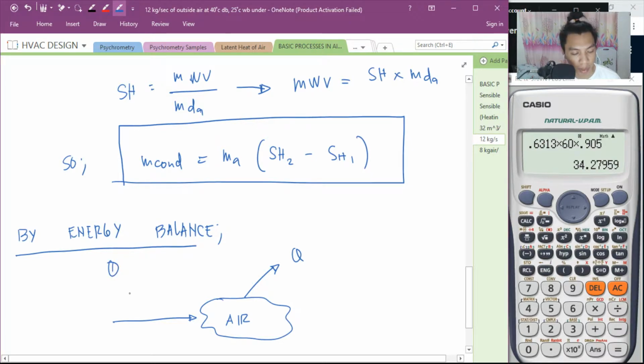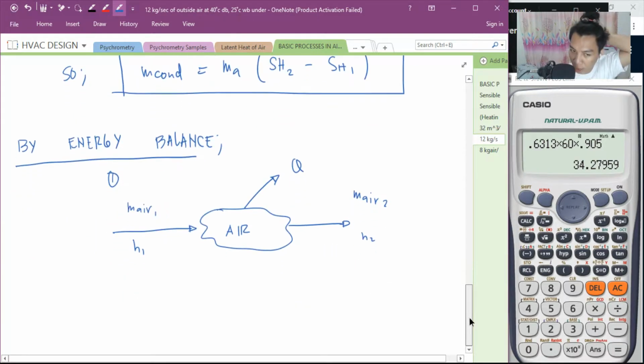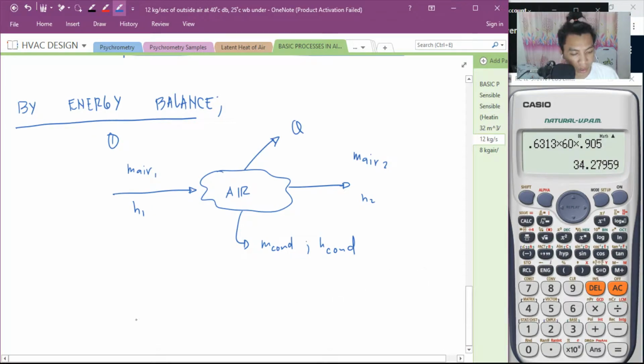At 1, meron ka ditong mass ni air, and then H1, mass ni air 2, and then H2. So, itinapon pa rin dito yung mass ni condensate, and then yun, merong yang enthalpy ni condensate, okay? Water. So, by energy balancing, E in is equal to E out.